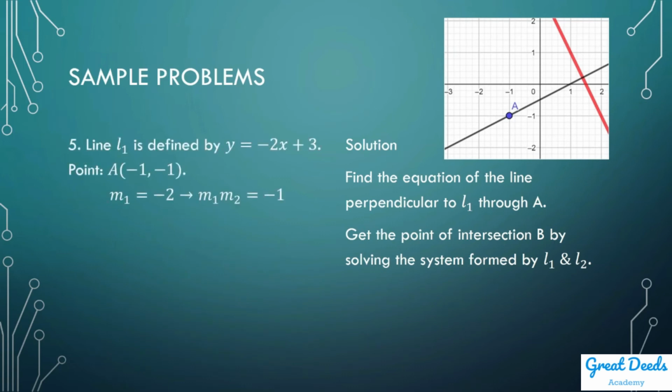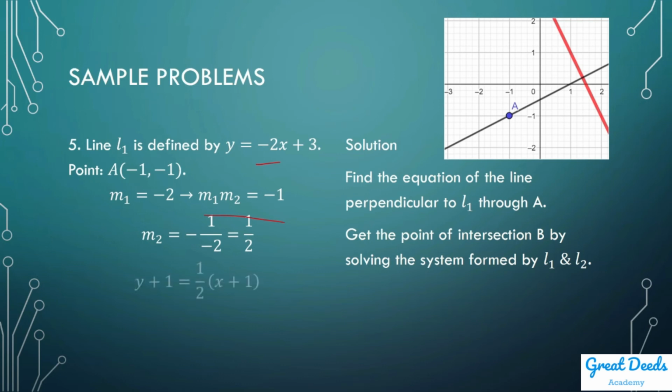Let's call the perpendicular line L2. L1 has a slope of negative 2. From the properties of perpendicular lines, M1 times M2 should be equal to negative 1. So this means M2 is equal to 1/2. That is the slope of L2.